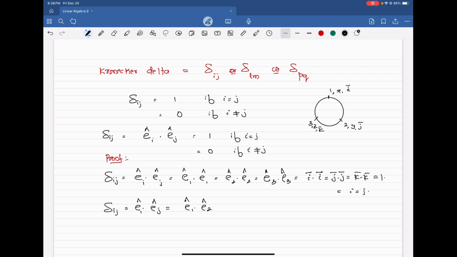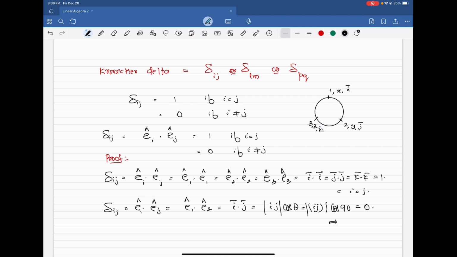The corresponding unit vectors are i and j. i dot j, from definition, is |i||j| cos theta, that is equal to |i||j| cos 90, that is equal to 0.